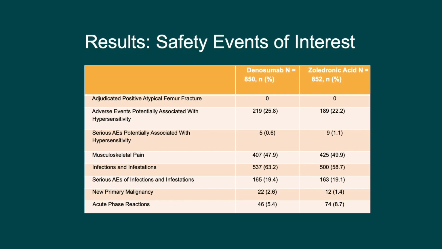Comparing them head-to-head in terms of safety, obviously they both are well tolerated. Both of them can cause osteonecrosis at the same rate, but there are more renal issues related to zoledronic acid compared to denosumab. But they can all be given safely with close monitoring, all right?